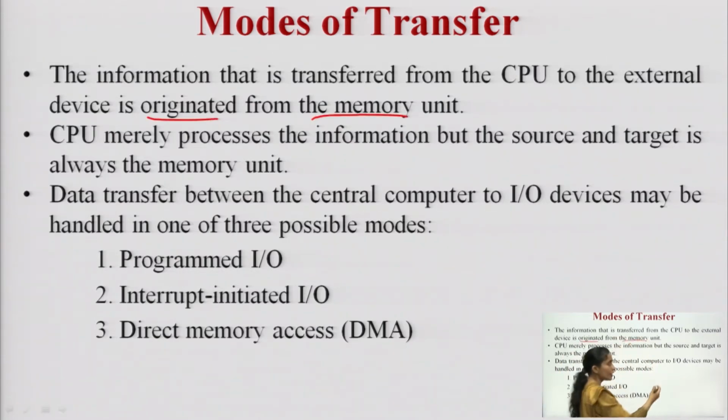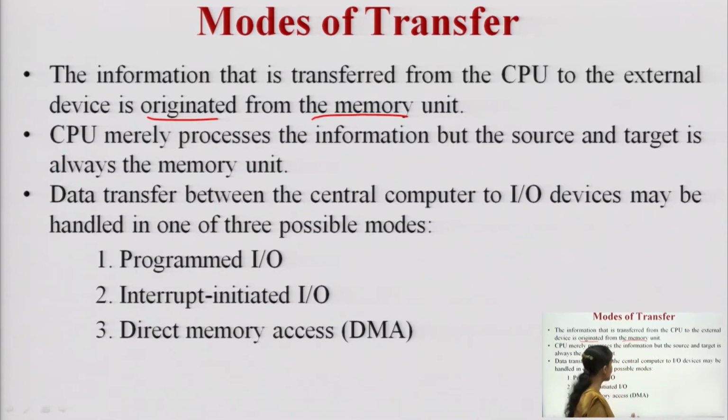If the memory unit and IO device want to communicate, suppose we want to type something from the keyboard and save it into a memory device, then the memory device and the IO device communicate with each other with the help of the CPU. Since these two devices are different and the CPU is continuously monitoring them, the CPU is just wasting its cycles and not doing anything productive. So for this kind of data transfer there are three modes of transfer, which we will be studying.